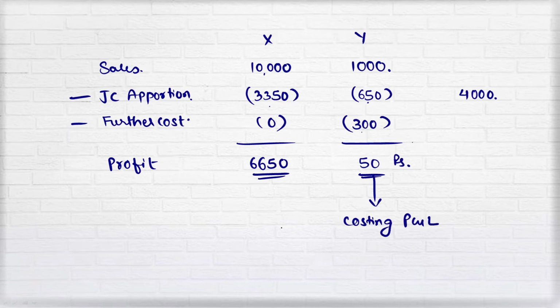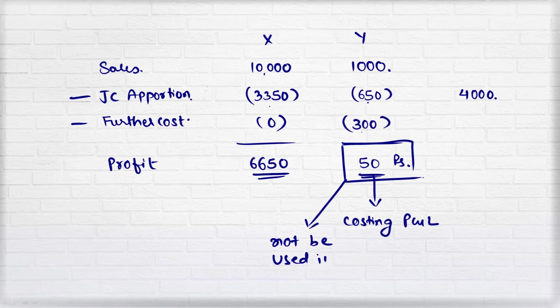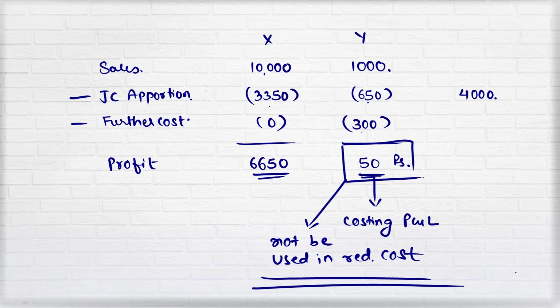Costing P&L account. This much amount will not be used in reducing the cost. Where will it be transferred? It will be transferred to costing P&L account. Sir, 50 rupees. What about the other 950 rupees? The other 950 rupees is not there in byproduct, because to sell the byproduct, you will have to incur this expenditure of 300 rupees.